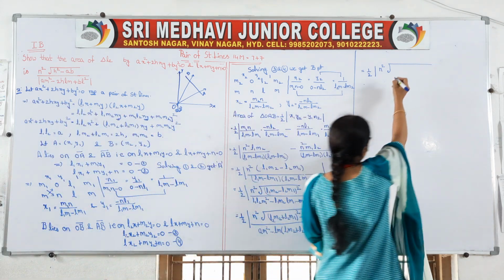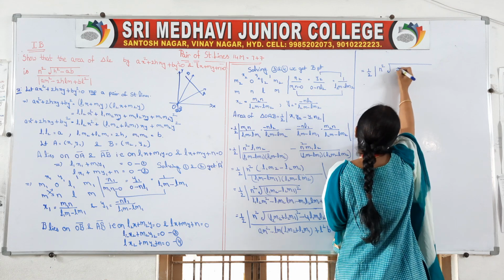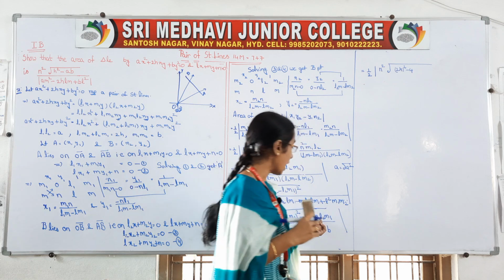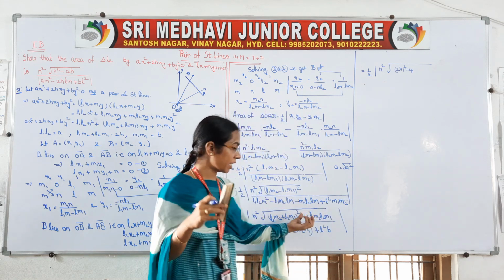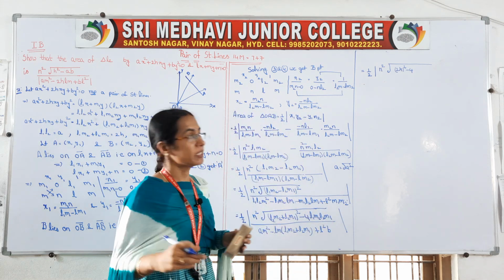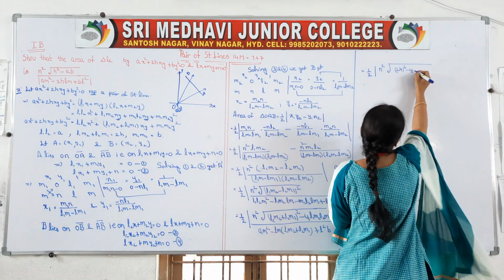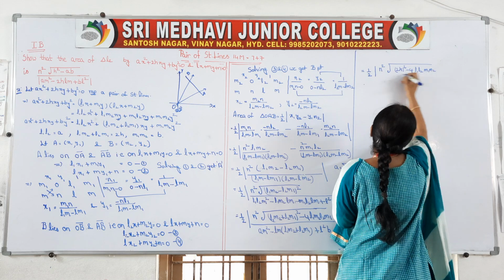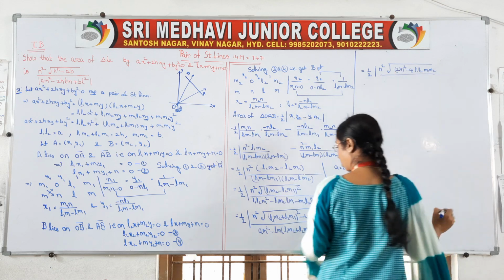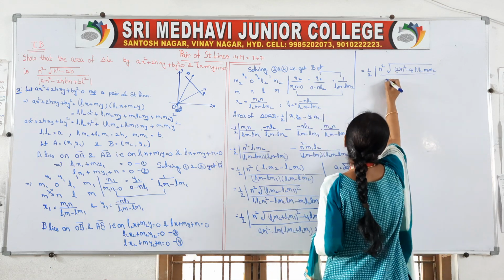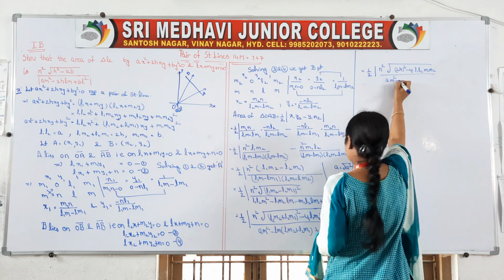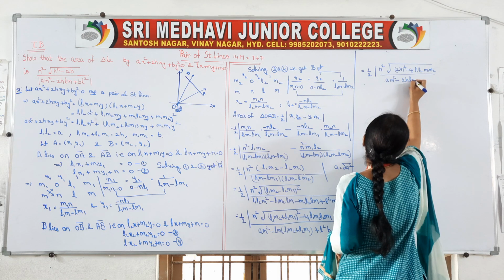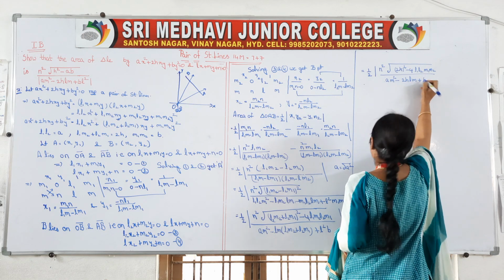So in its place we can write 2h whole square minus 4 into, adjust this value, it is multiplication, we can change the places of the values. So it is L1 L2 m1 m2, okay, by root of, here it is a m square minus 2h Lm plus b L square.